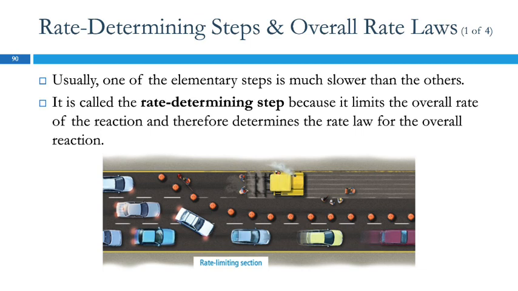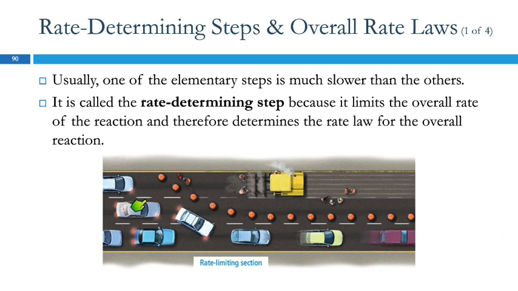So as you mentioned in the video, usually one of those steps is a lot slower than the others, and that's called a rate determining step. It limits the overall rate of the reaction and determines the whole rate law. We have an illustration here of some work being done on the freeway. Cars are coming up fast this way, and as soon as they get around this thing, they zoom off at the speed limit or higher, right?